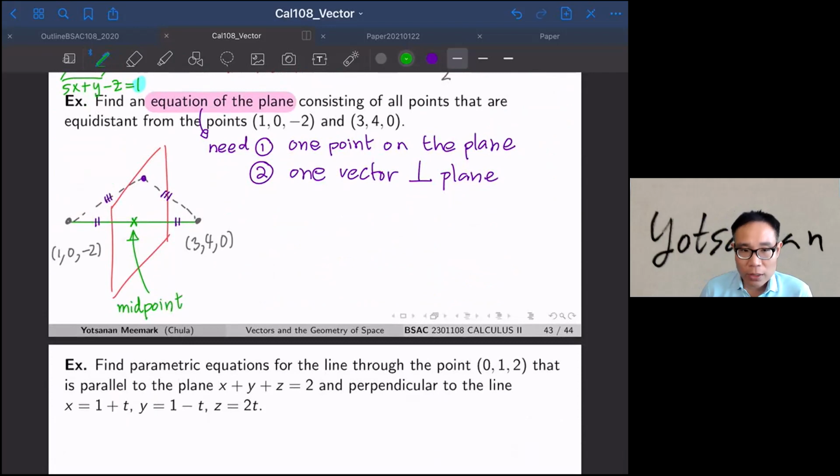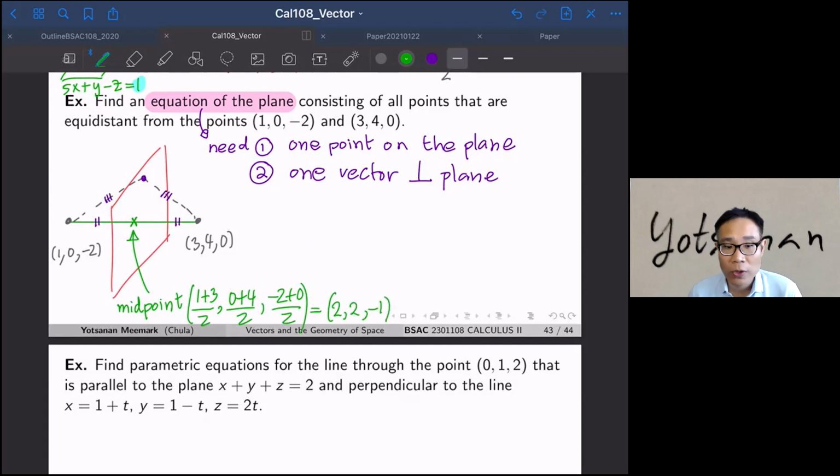The midpoint is the average of the components: 1 plus 3 over 2, 0 plus 4 over 2, and negative 2 plus 0 over 2. So the point is 2, 2, and negative 1.